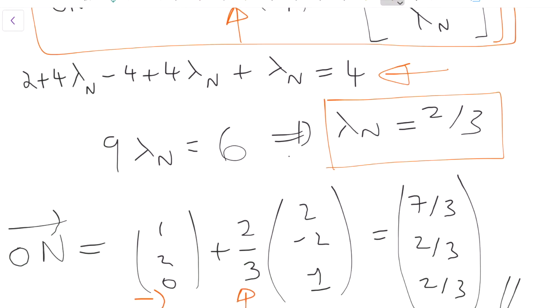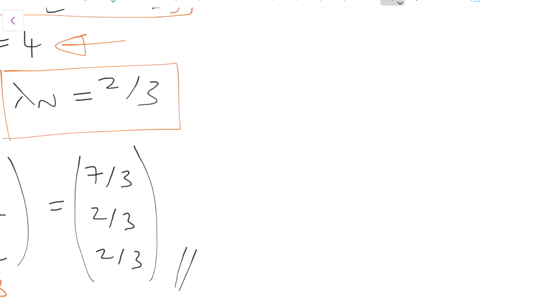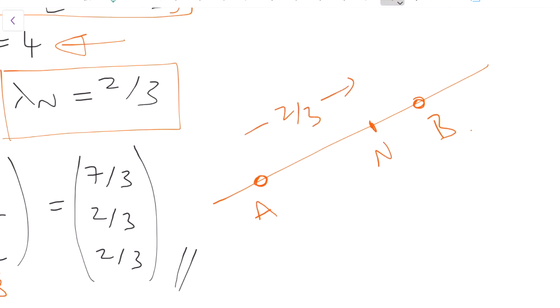So essentially, what I've done is say that if I have a line here through point A through point B, then N would lie somewhere here. So this is 2/3 of the way. This would be 1/3 of the way. And 2/3 of AB, of course, and 1/3 of AB. Right?